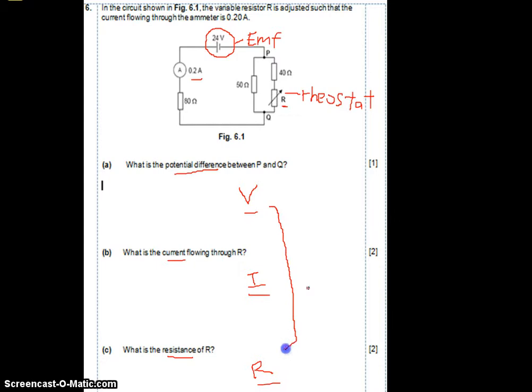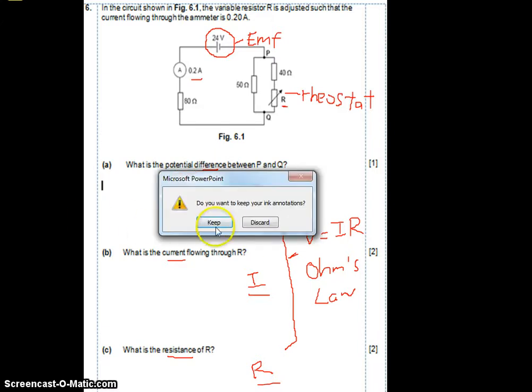These three form a relationship which is very important for these two chapters. This is what we call Ohm's law. And certainly in every DC circuit question you will have to use Ohm's law to solve the question. Now we will leave this page right now to move to Ask and Learn.